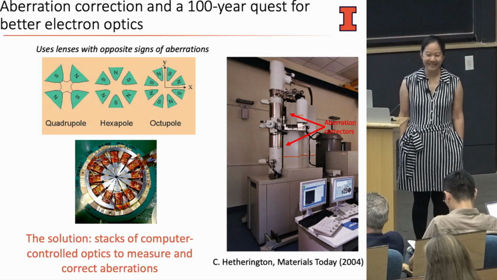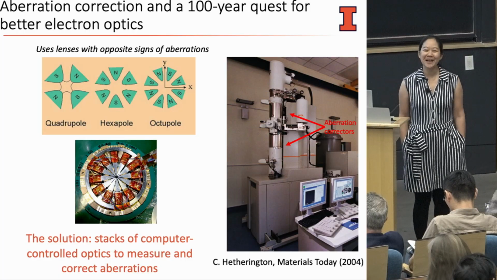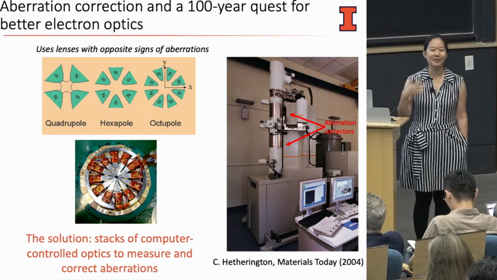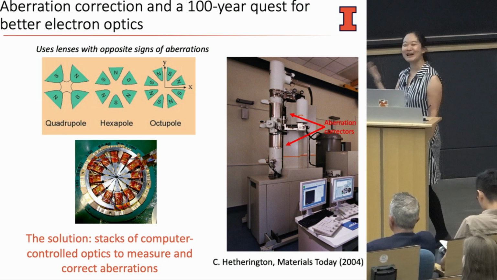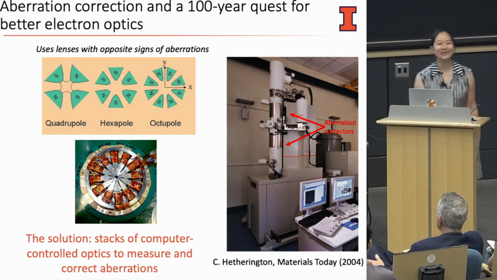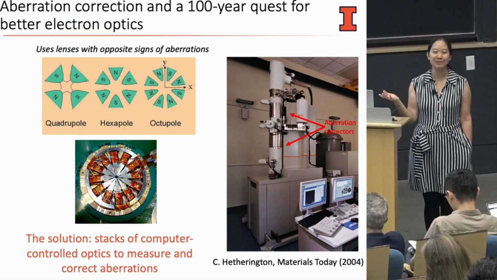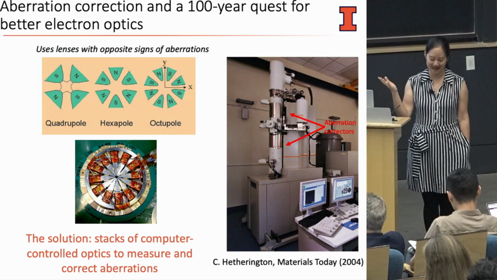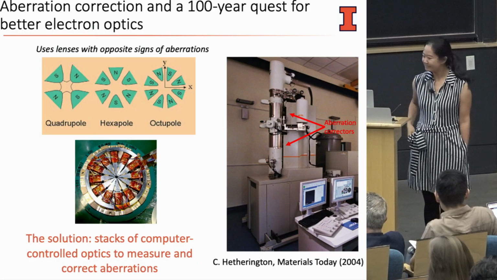So to correct it, you put other bad lenses on top of it, and you hope those lenses are bad with the opposite sign. And then they introduce other aberrations, and then you stack more lenses on top of those with different aberrations, and then you use a set of computers or one computer to measure the aberrations dynamically in your sample or in your microscope and correct them several times during the day.